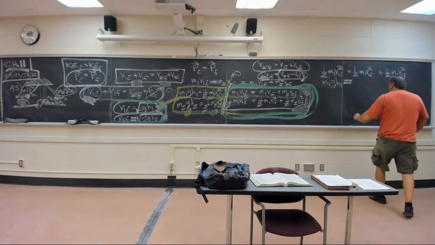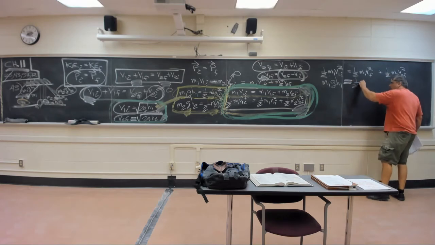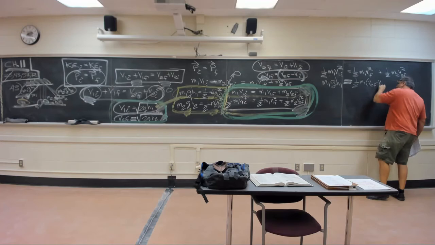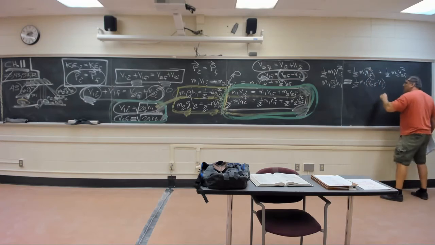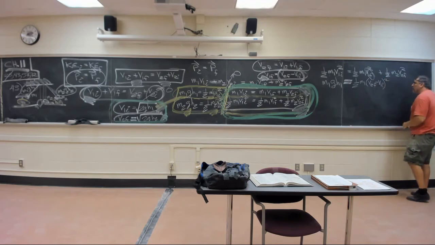So V2F minus V1I, that's V1F, this guy, V1F squared.